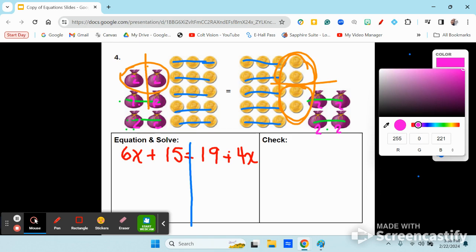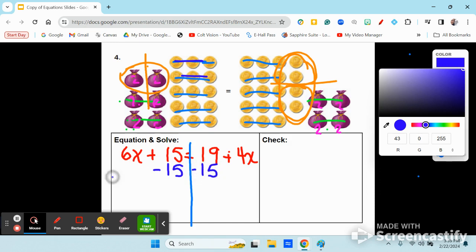But now let's try the same thing, following those same steps, but this time with subtraction, symbolically. We crossed off the 15 coins from both sides, and crossing off is like subtracting. So in the same way, I'm going to subtract 15 coins from both sides.